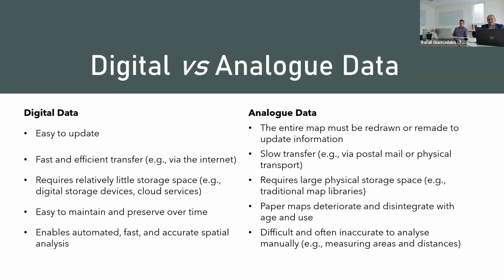You can read the bullets there. Also digital data has fast, efficient transfer. You can have a map on a USB and transfer it. Also, you can manage it and extract exactly what you want.